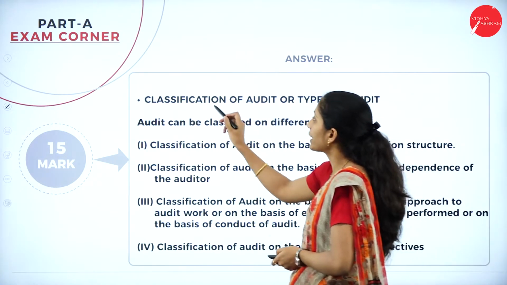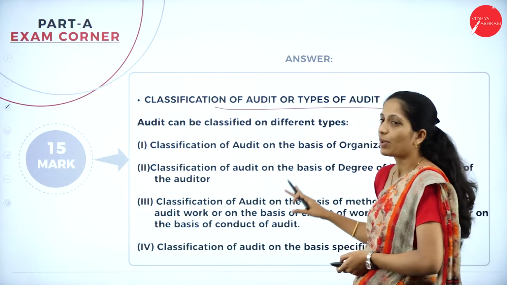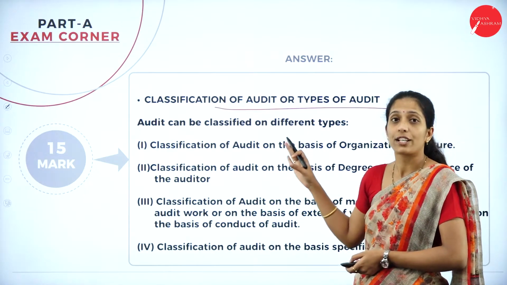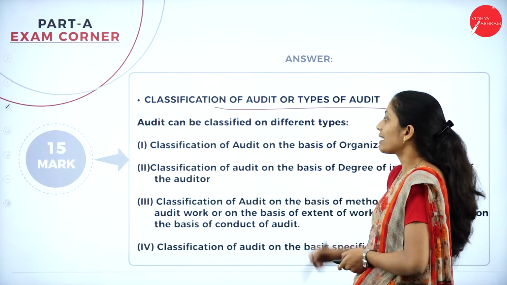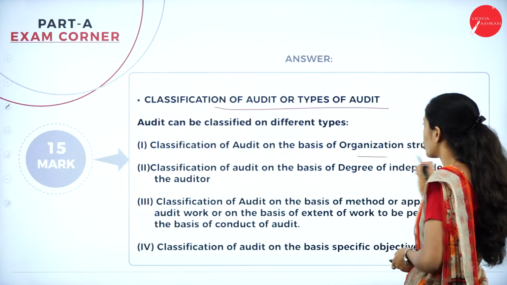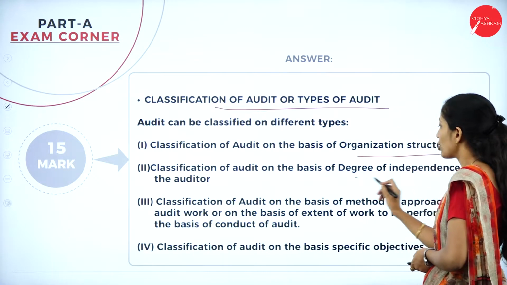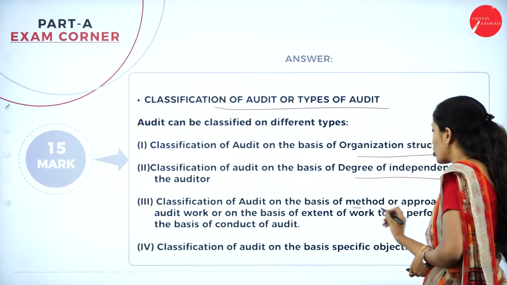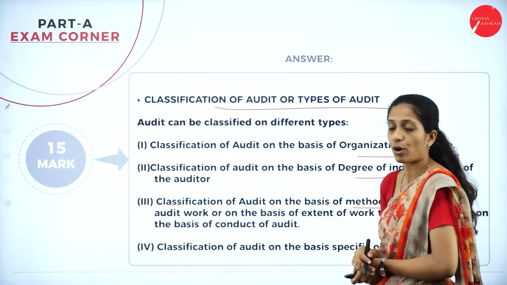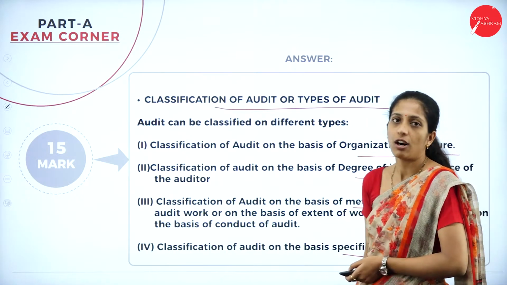Next write all the classification or types of audit. So here we have divided the types of audit into 4 main types. So we already know about this. That is classification of audit on the basis of organization structure, classification of audit on the basis of degree of independence, next classification on the basis of method or approach, next classification of audit on the basis of specific objective.